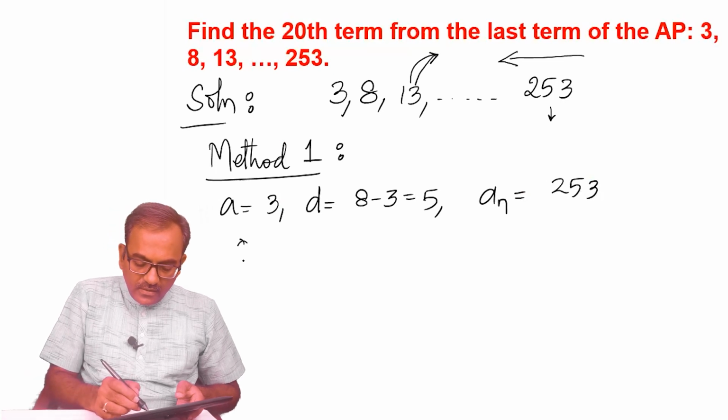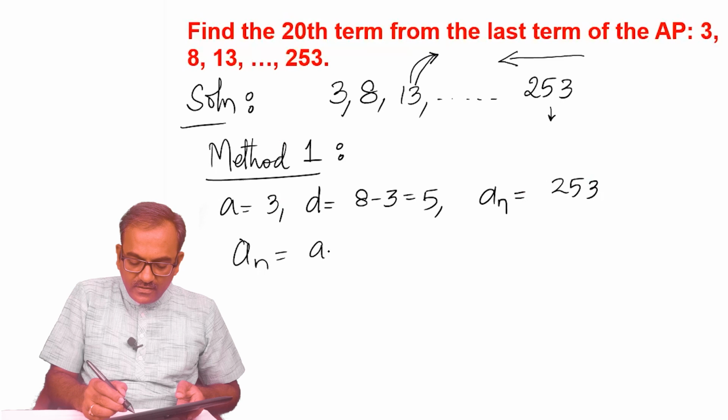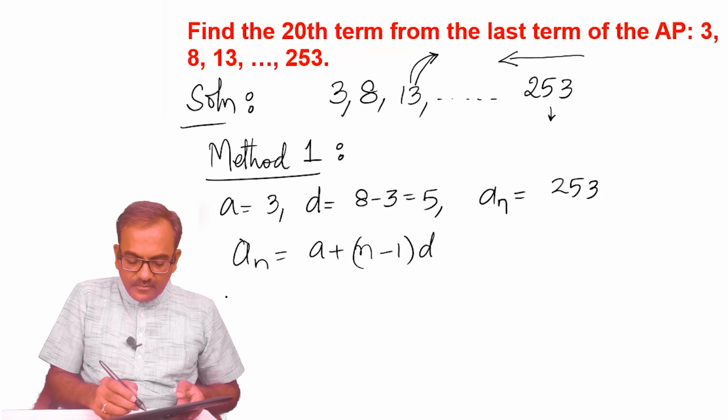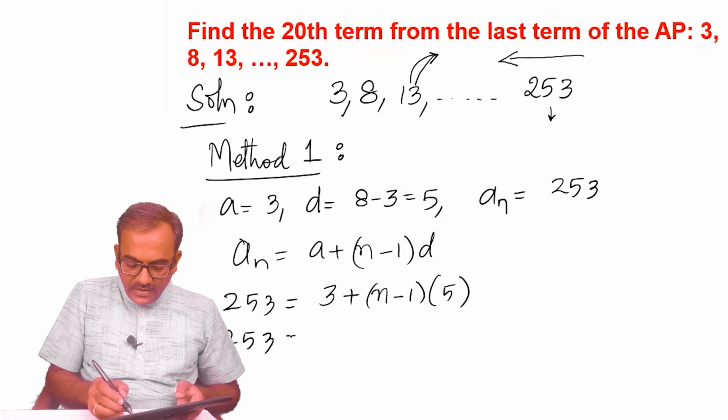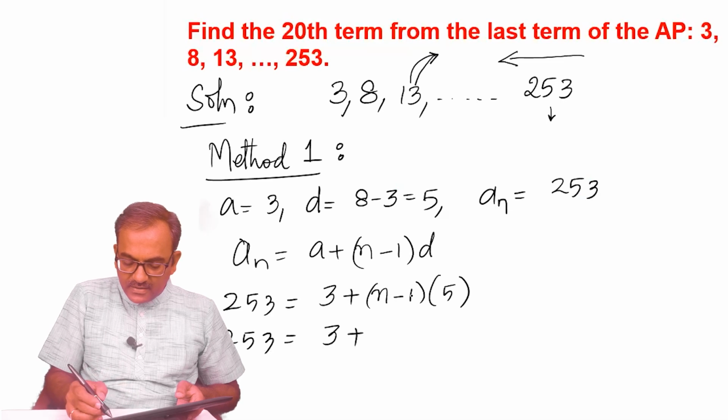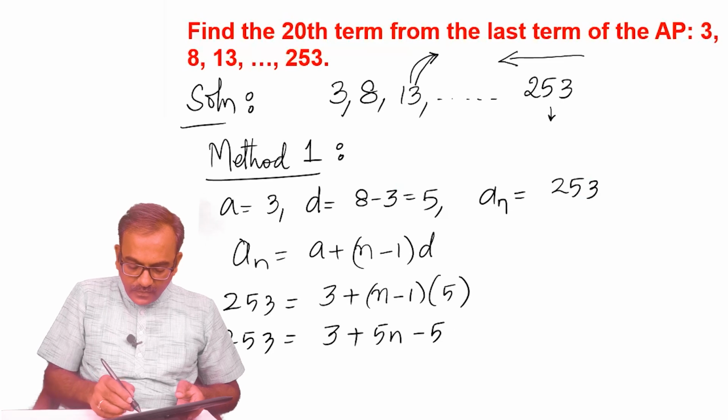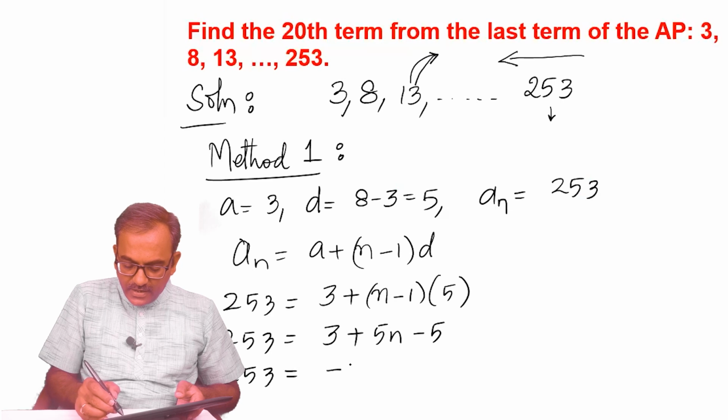So using the formula, AN is equal to A plus n minus 1 times D. 253 is equal to 3 plus n minus 1 times 5. 253 is equal to 3 plus 5n minus 5. 253 is equal to 3 minus 5, which is minus 2, plus 5n.